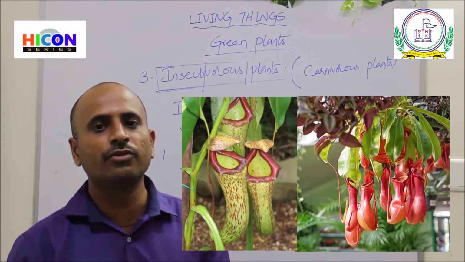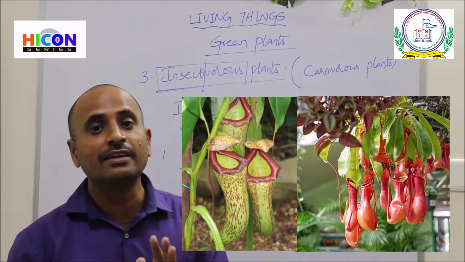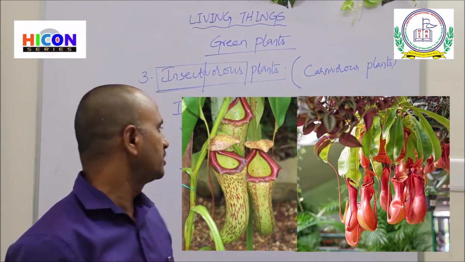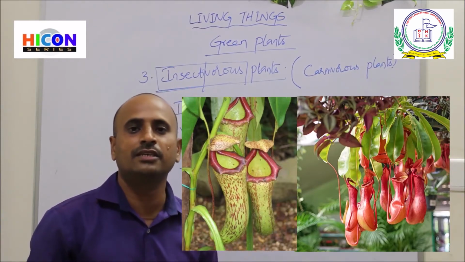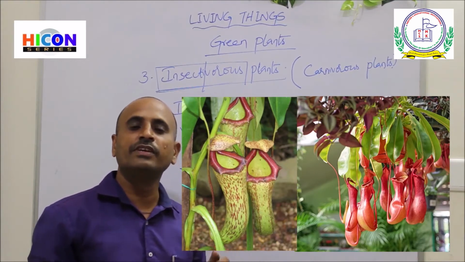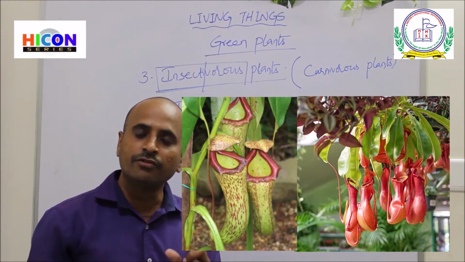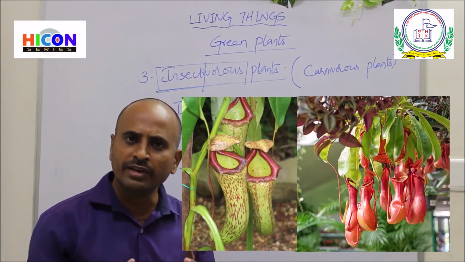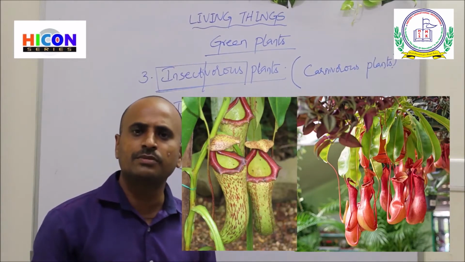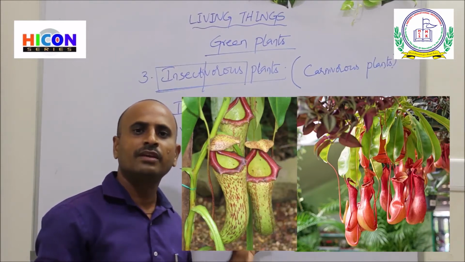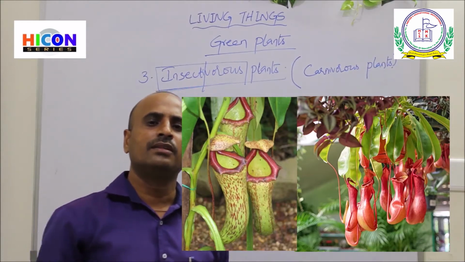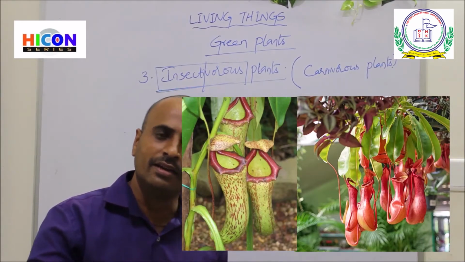If you observe the picture carefully, there is a lid-like structure at the upper part. By smelling the sweet syrup, the insects easily come to the pitcher and fall down, and then the pitcher is closed by the lid-like structure.